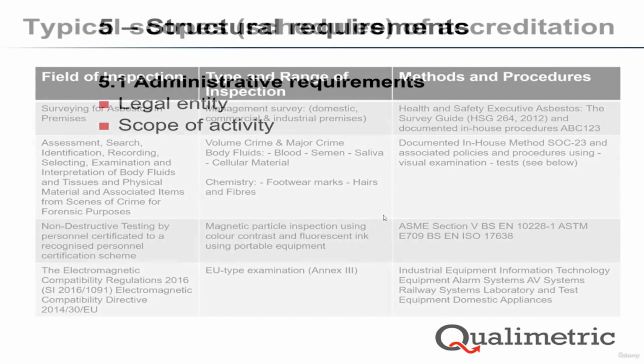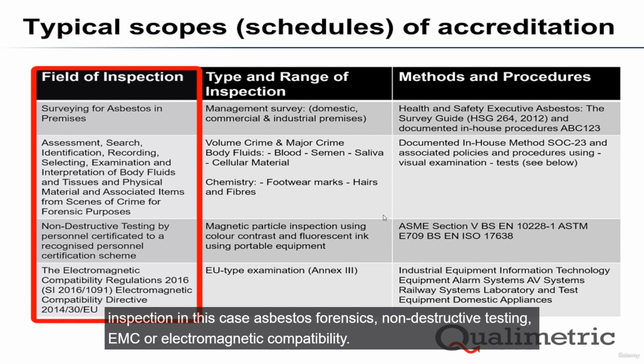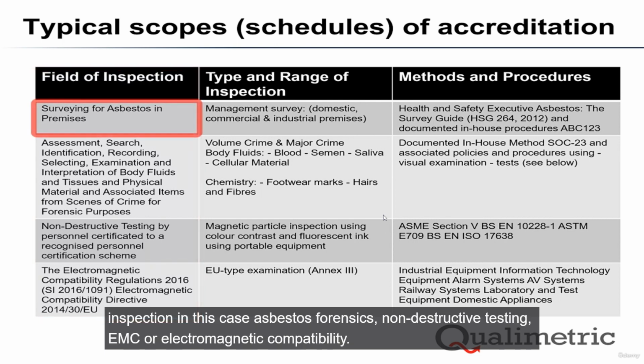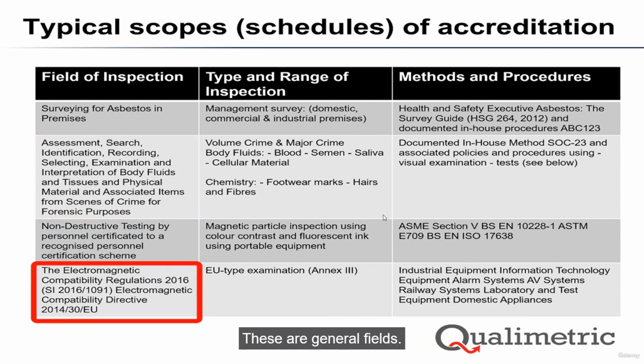Some examples are given here. On the left hand side we have some examples of field inspection, in this case asbestos, forensics, non-destructive testing, EMC or electromagnetic compatibility. These are general fields.